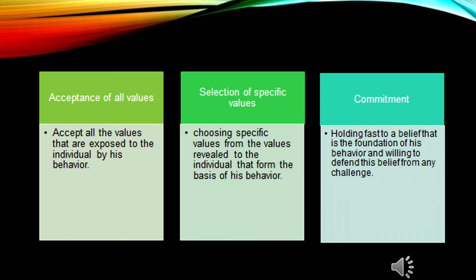The second type of value is selection of specific value. Selection of specific values is about choosing specific values referred to the individual that form the basis of his behavior. And the last type of value is commitment. Commitment is about holding fast to a belief that is the foundation of his behavior and being willing to defend this belief from any challenge.